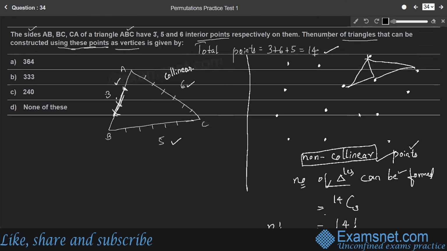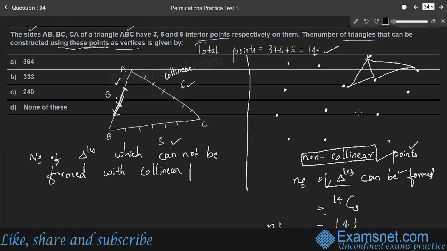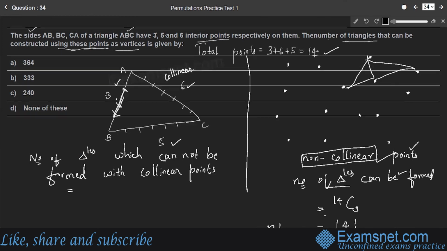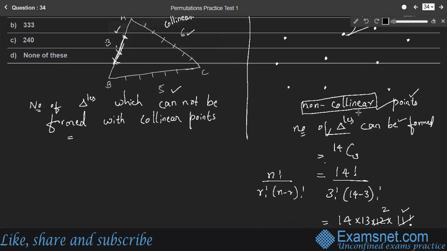But in this particular case, there are collinear points, right? Therefore, we'll consider the number of triangles which cannot be formed with collinear points. The number of triangles which cannot be formed with collinear points is equal to: on AB we have 3 points.